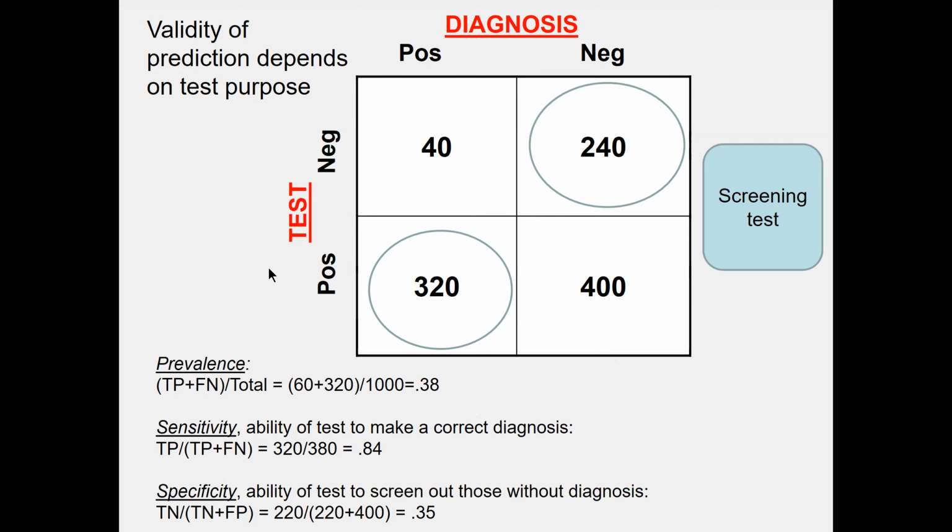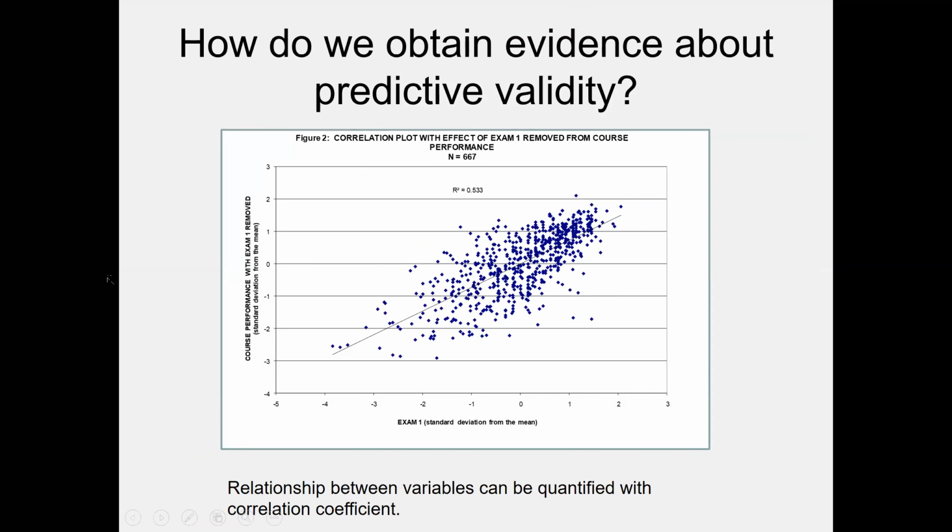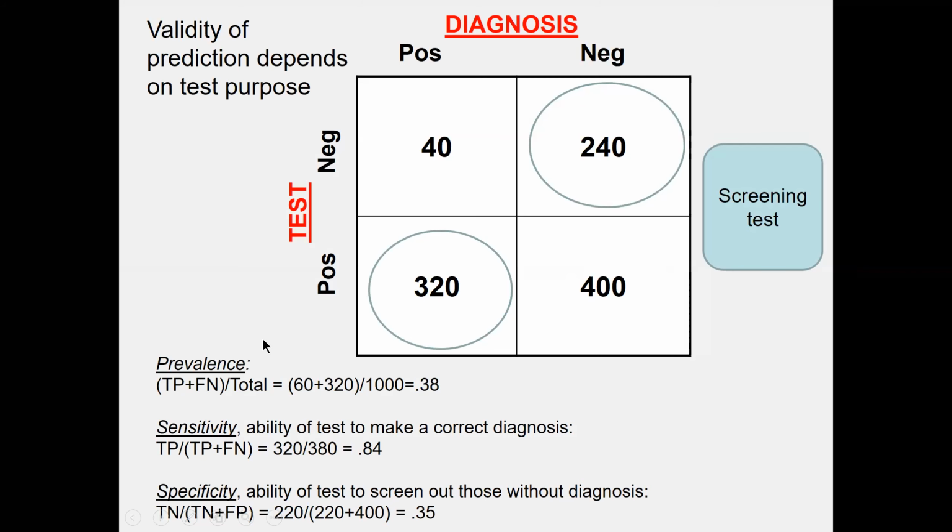So 560 over 1,000, so 56% of these decisions are correct. That isn't particularly high, but one of the big concerns is, what is the purpose? Is your purpose overall correctness, or is your purpose perhaps, like in this picture, just to look at a certain type of people? So here we can look at these statistics called prevalence, sensitivity, and specificity.